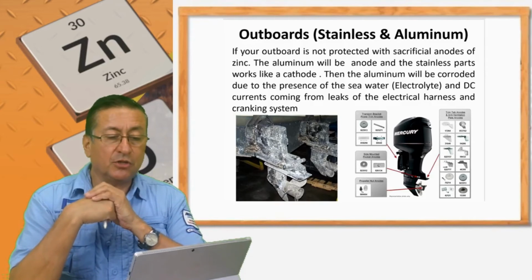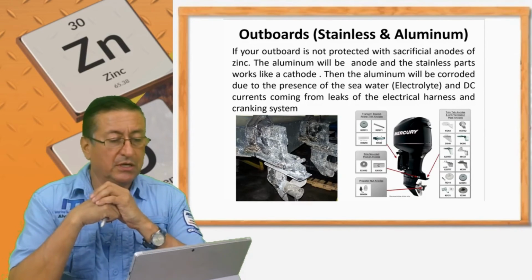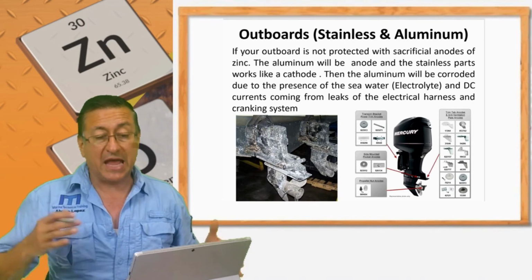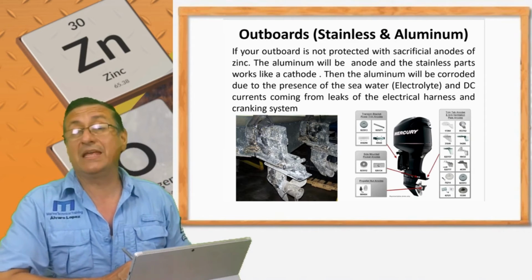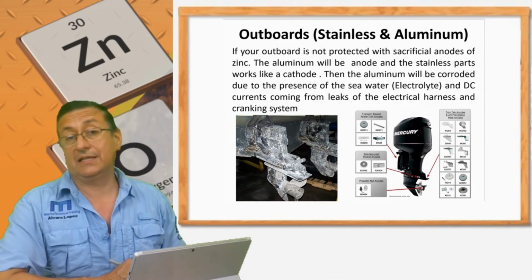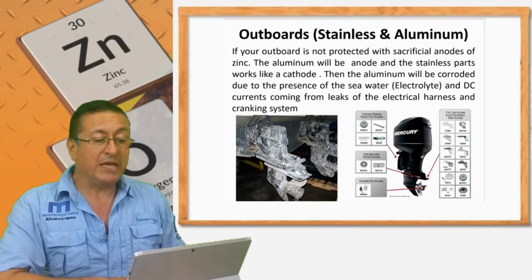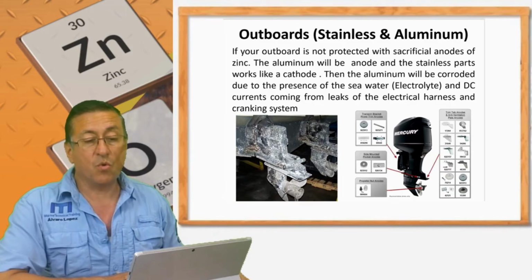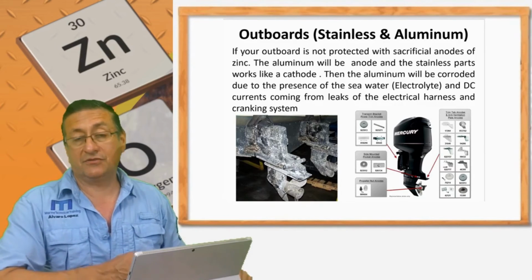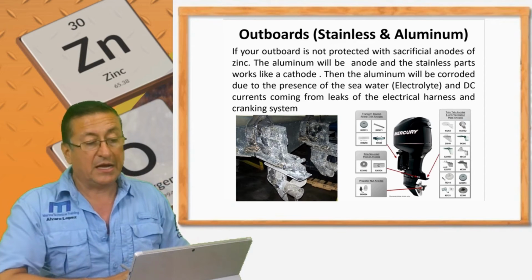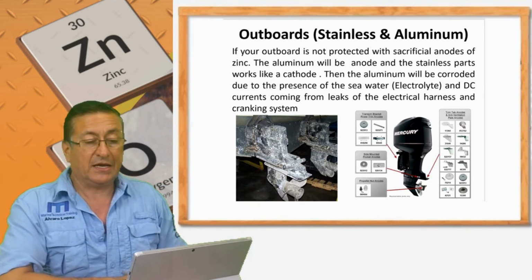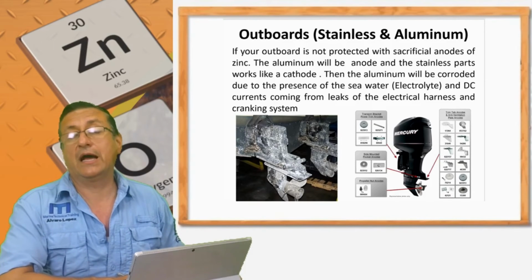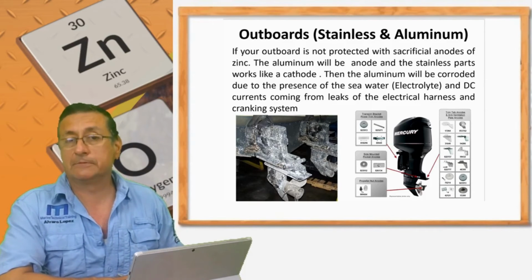If your outboard is not protected with sacrificial anodes, zinc in that case, the aluminum will be the anode and the stainless steel will be the cathode. In that case, the aluminum will be corroded because of the oxygen in the seawater. The seawater is the electrolyte, and you produce a galvanic cell. The more noble metal attacks the less noble, and in this case the less noble, the aluminum, will be corroded and eroded.